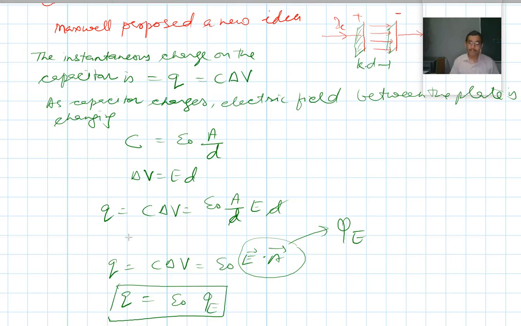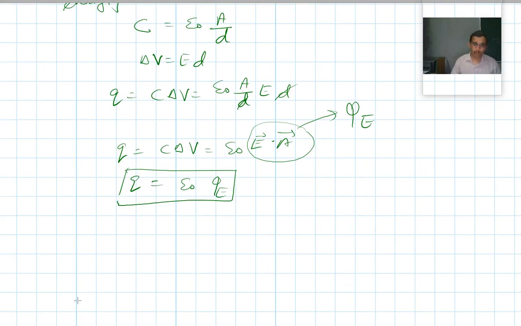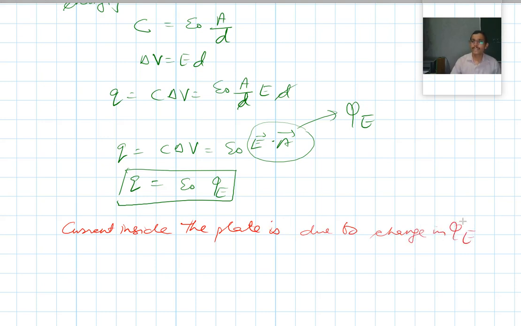So what Maxwell proposed is that current inside the plate is not discontinuous, but inside the plate the current is due to change in phi E, because dq upon dt is the value of the current, and this is nothing but d phi E over dt.